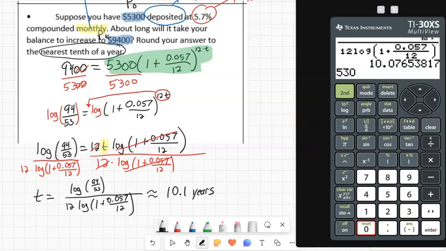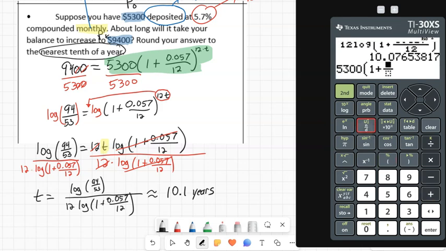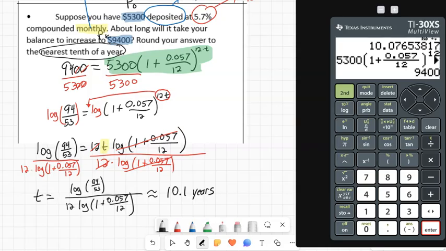We could ask if we grow 5,300 at 5.7% compounded monthly to the 12 times, and I'm going to use the answer button so I can use the entire 10.0765, etc. This should get us $9,400. This is the correct time.